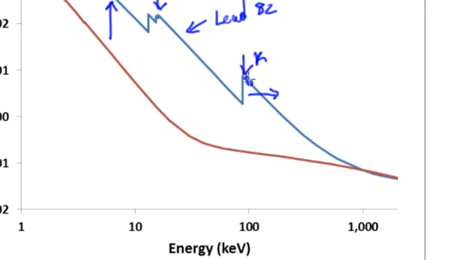So the probability is relatively high when the energy exceeds the K shell. As you drop below the K shell energy, the probability goes down because you're not able to ionize that atom anymore. These are characteristic energies, characteristic of that particular element. They can even be used diagnostically.